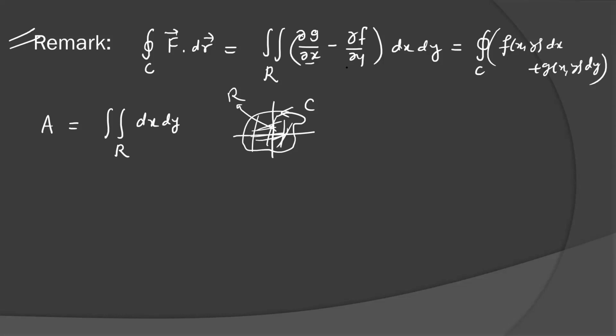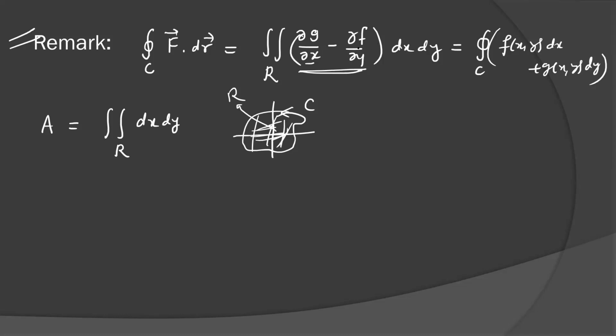Now, for this expression, we want to make this value a constant. So what do we have to do here? If we put g equal to x, then this value will give you 1. If you put f equal to y, then it will become 1 minus 1, 0. It will not give the area.